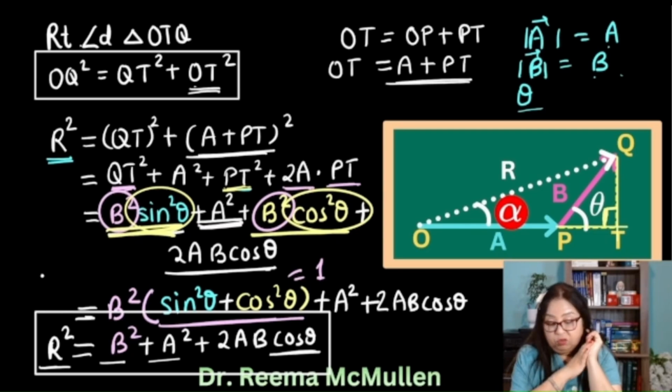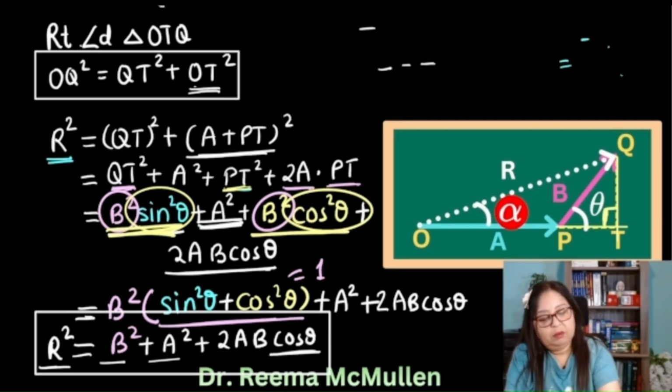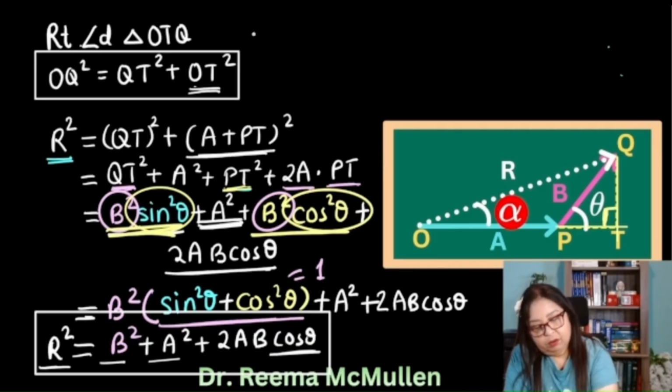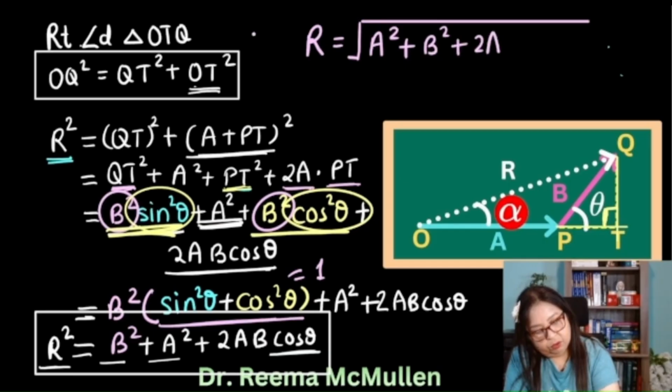Now, this is the square. To get R from it, what do we do? Square root of both sides. What does that give you? Vector R is equal to square root of A squared plus B squared plus 2AB cosine theta.